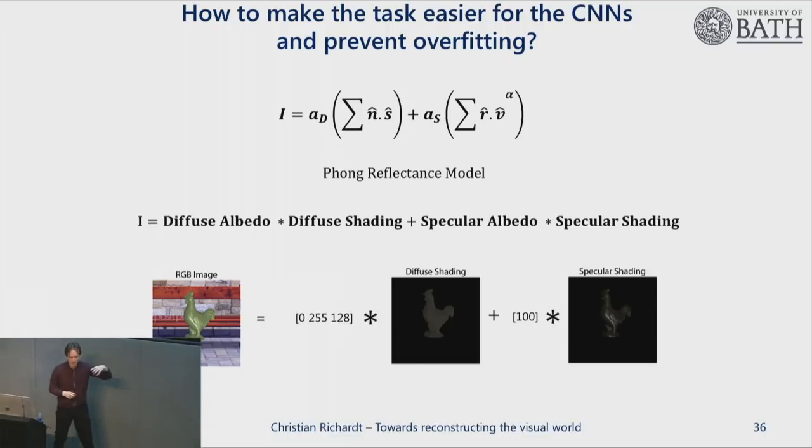So the specular shading, the highlight. And in our model, we assume that the highlights are white, which is often the case with plastic-like materials. You can see it very faintly here, the diffuse shading, and the specular shading is just the white highlights. And this then gives us just a few parameters that can represent a large range of materials.